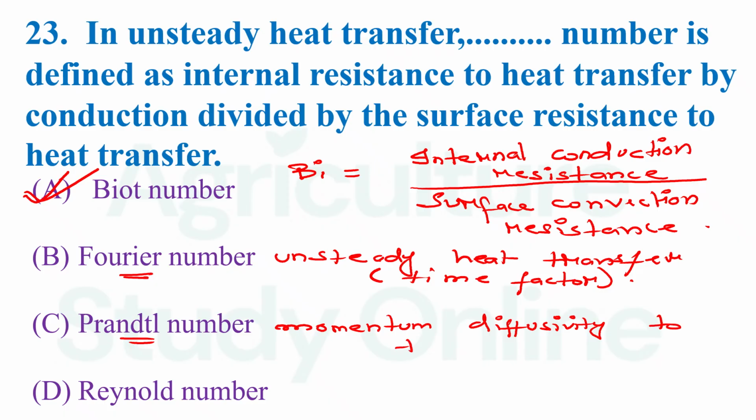And Reynolds number determines the flow type, whether laminar or turbulent. So the correct option should be option A, that is Biot's number, the internal resistance to the surface resistance.